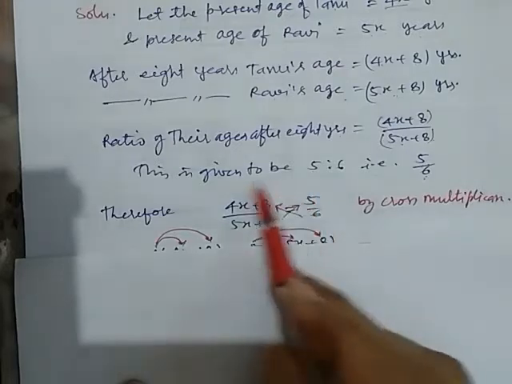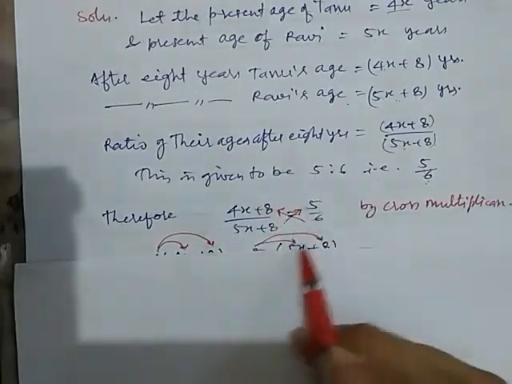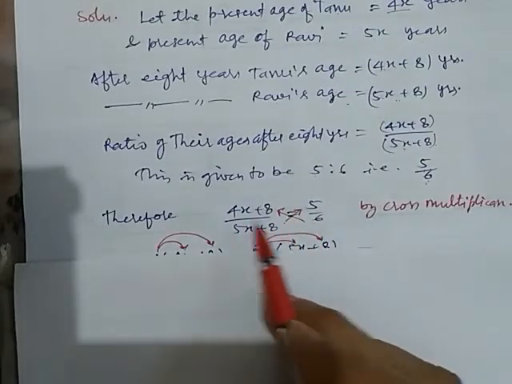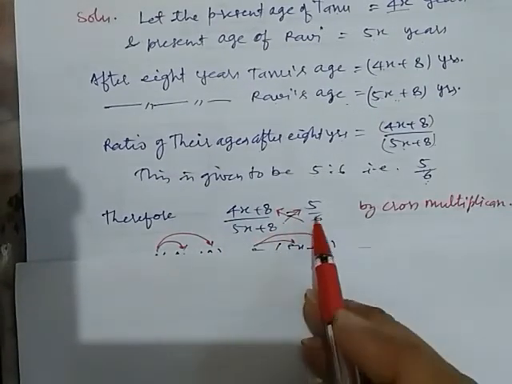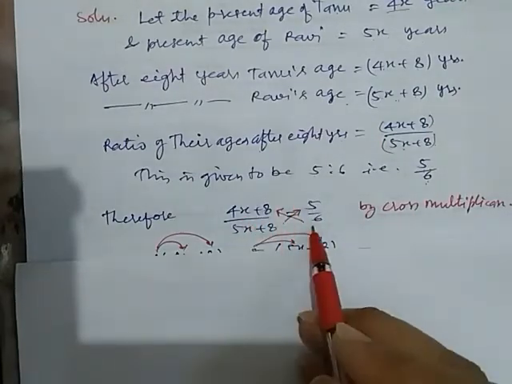Now we get the equation in fraction form. First we convert it into linear form. We use cross multiplication because it is very simple.